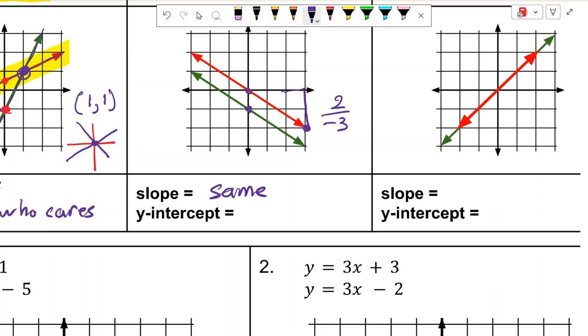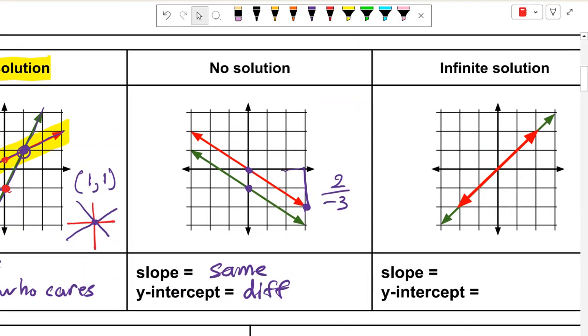Now, their y-intercepts are different, and that's the only way you can get absolutely no solution. The red line and the green line will never cross each other because they have the same slope and their y-intercepts are different. They are parallel.